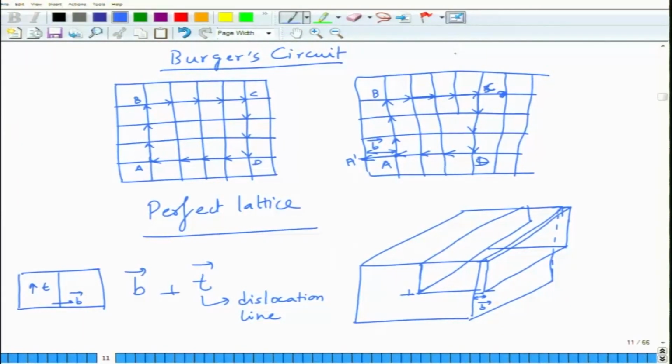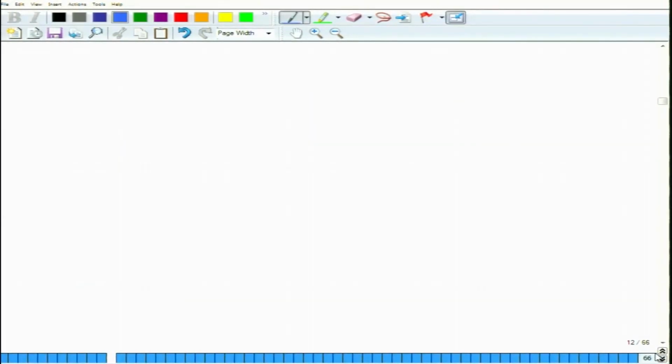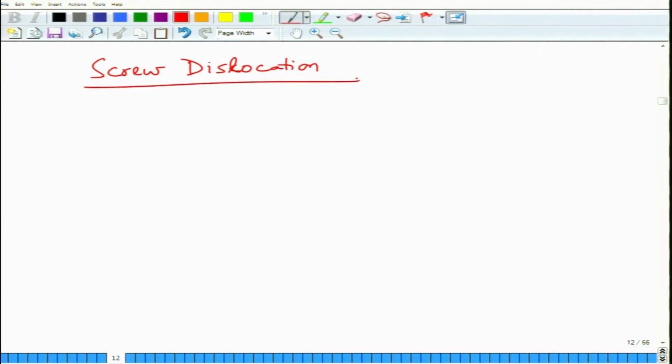The second dislocation present in materials is called the screw dislocation. This is formed by shear action, as if you have a shear force in the material.